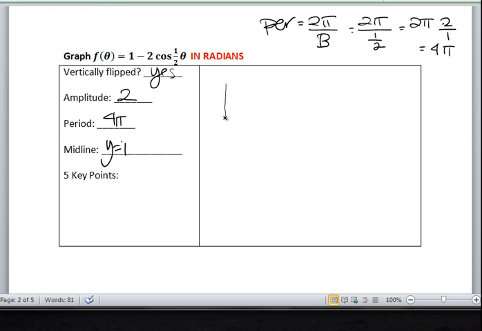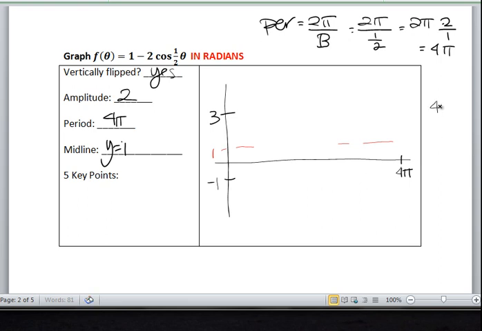Okay, so our midline is y equals 1. So let's go up 1. And then our amplitude is 2, so we go up to 3 and down to -1. And this is negative cosine. Oops, before we do that, we have to do the period. So we know our period is 4 pi.